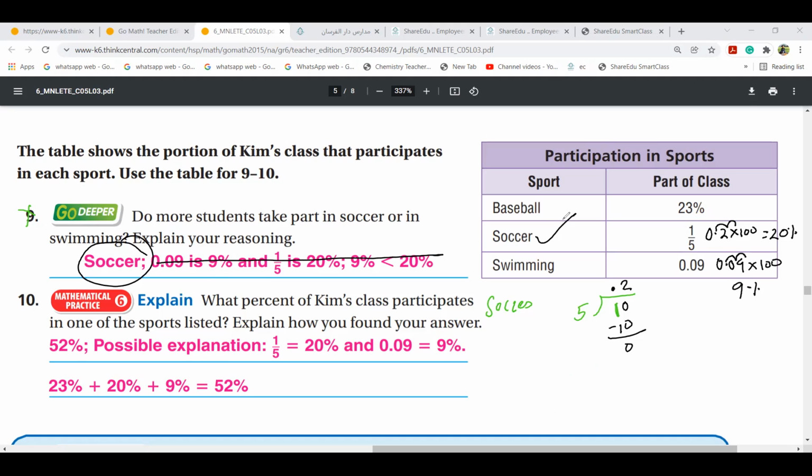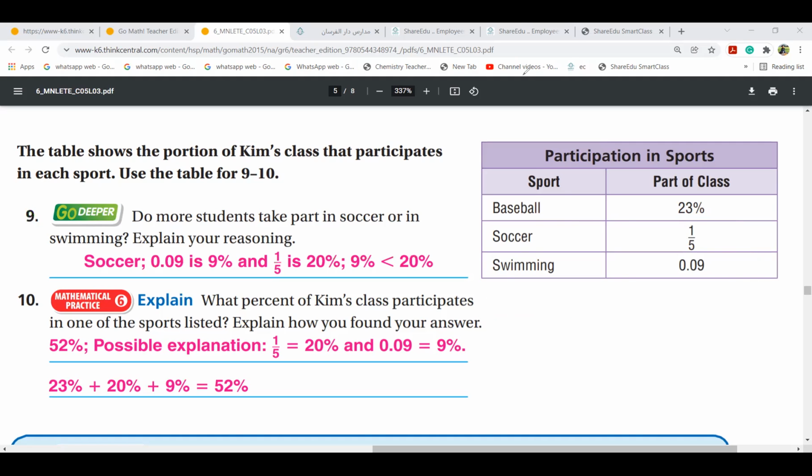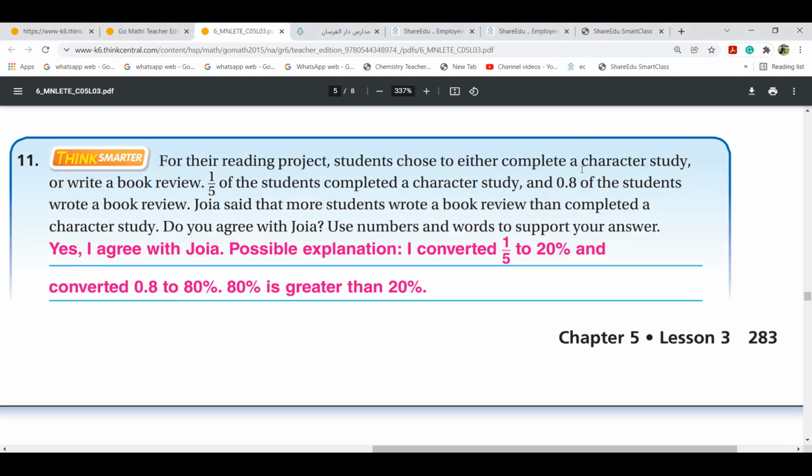Yes, if we're done, do we leave? Are we done with the class? I think no, we have 8 more minutes. Go to the next page, girls. Don't do things smarter.